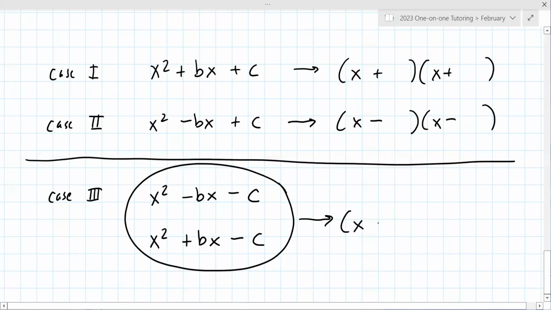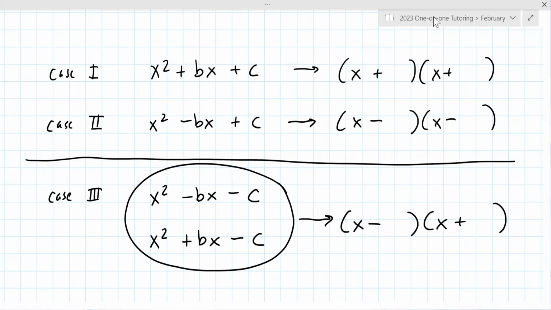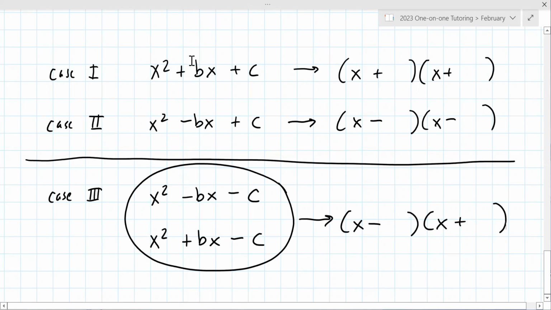You get x minus a number, x plus a number. You don't have to remember the b's and the c's, but you do have to remember plus plus means plus plus, minus plus means minus minus, and everything else is one minus and one plus, or one plus and one minus.